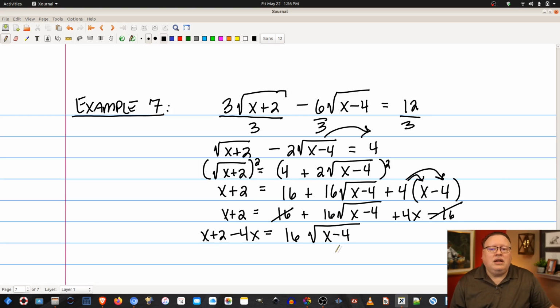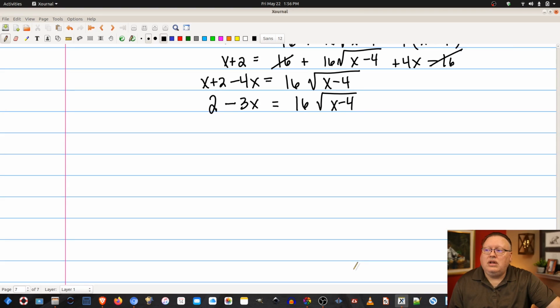Okay? So now what do we do? Now I'm going to come over here and simplify x minus 4x. So I get 2 minus 3x is equal to 16 times the square root of x minus 4. And let's scroll up just a little bit.